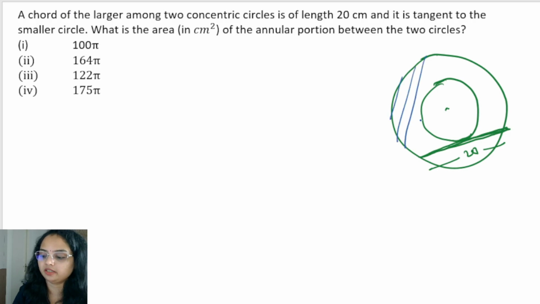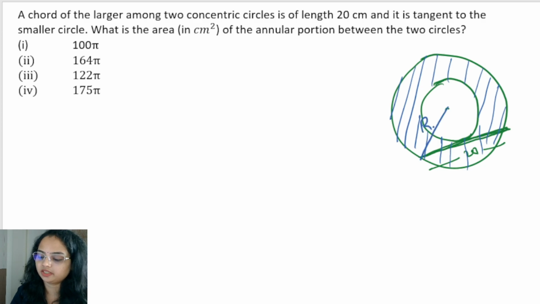So we have to find the area of this shaded region. How can we find it? See here, we'll take the radius of the bigger circle as capital R, and the radius of the smaller circle as small r.